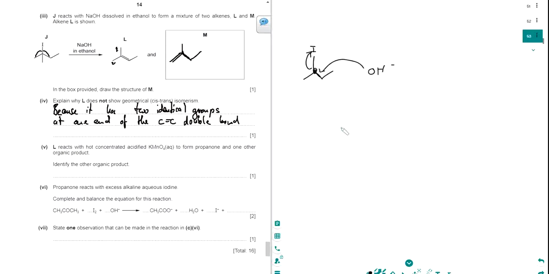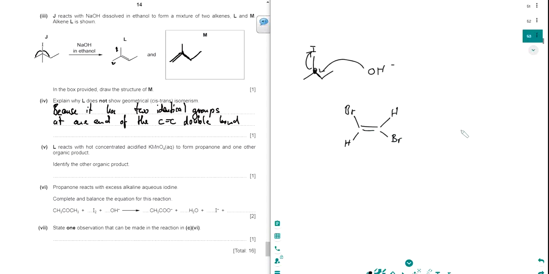Cis-trans isomerism, quick example. Like this. We have maybe H here, Br here, Br here, H here.